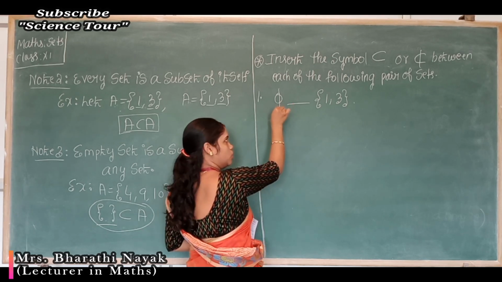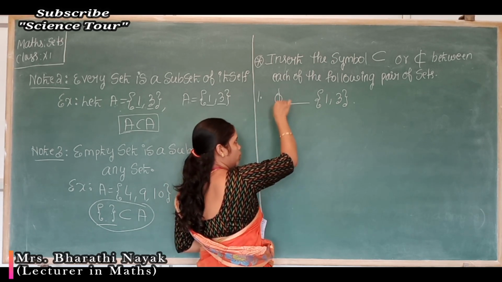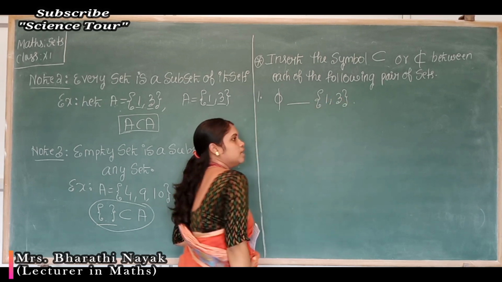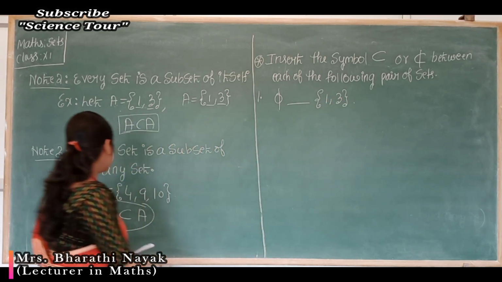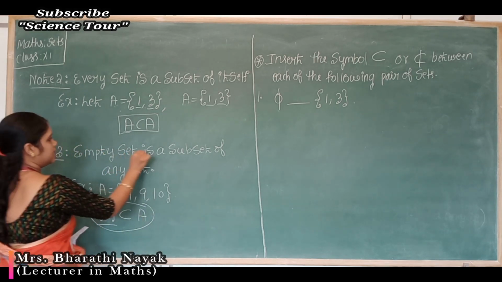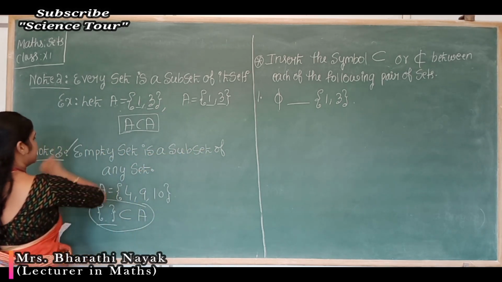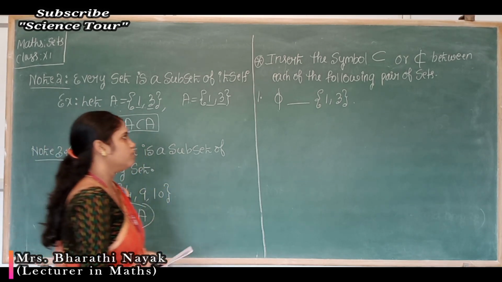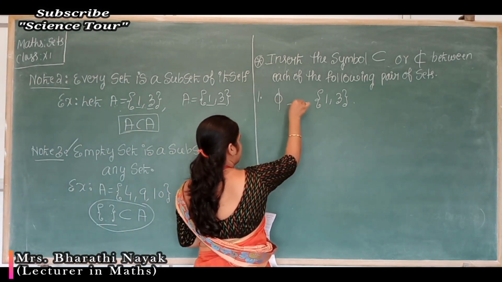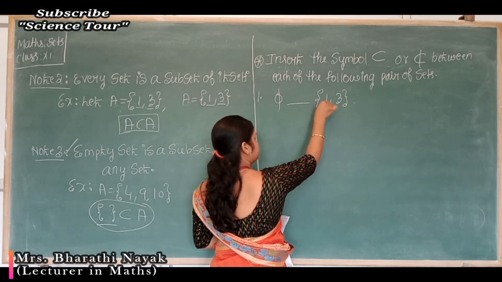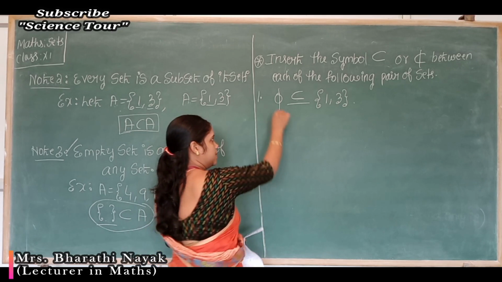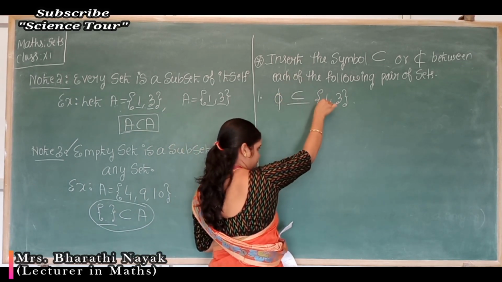We already discussed that empty set is a subset of any set, isn't it? So therefore empty set is a subset of this given set. Yes, so therefore this symbol you have to use. Okay, empty set is contained in this given set.